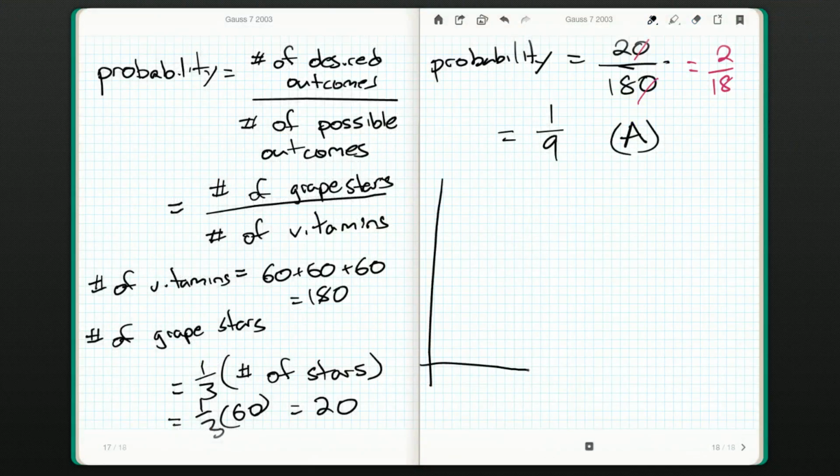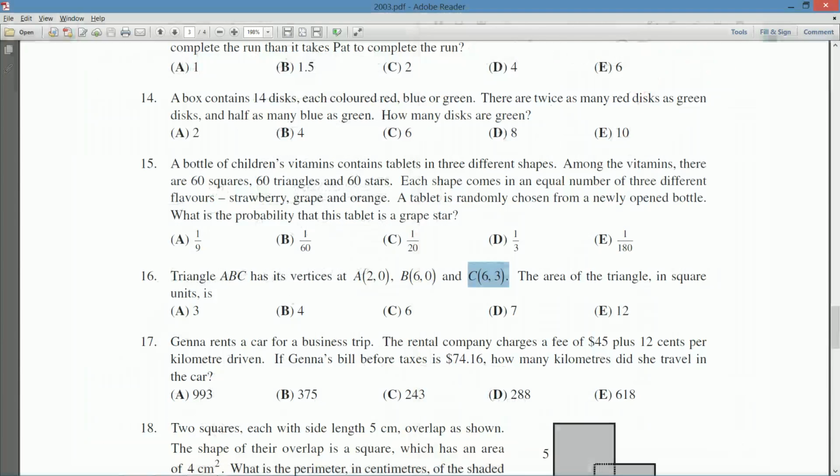We'll draw our x-axis and our y-axis. And our first point was at about 2, 0. And B was, I believe, 6, 0. And what was that other point? C was 6, 3, right? Yeah, 6, 3.